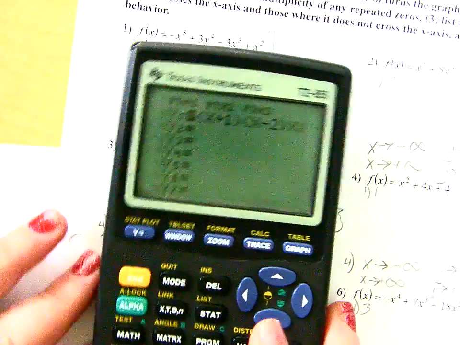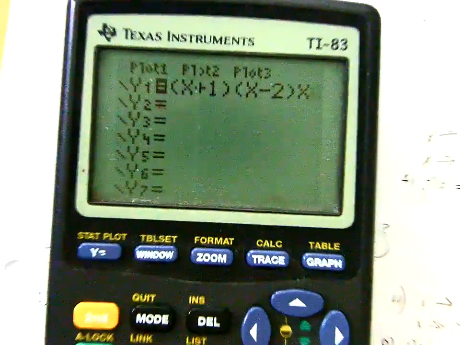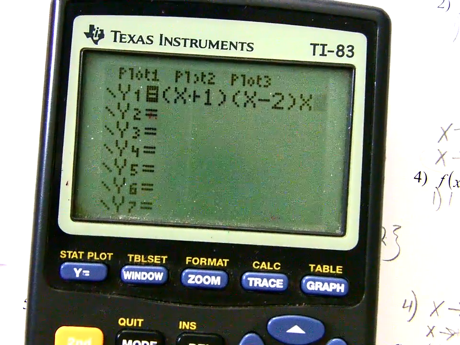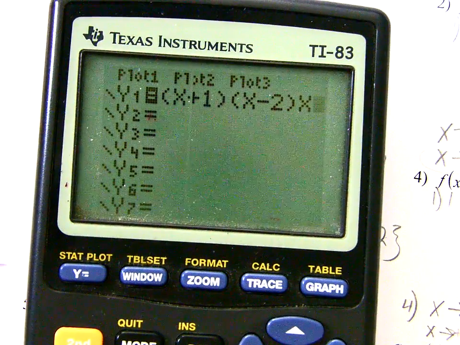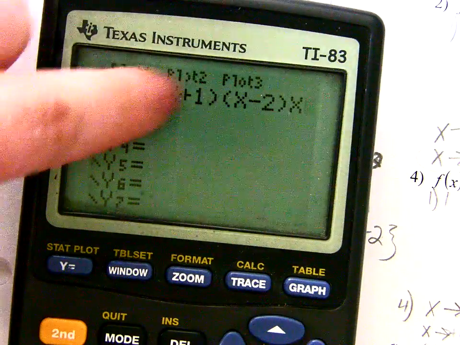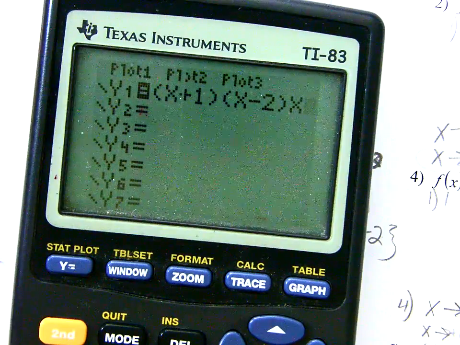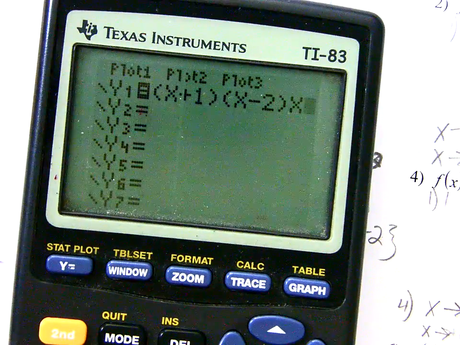If I were to multiply that all together, what degree would my polynomial be? X to the third, right? Because I'd FOIL those two together, and I'd have x squared times another x. So I'd be x to the third if I actually multiplied it all together.